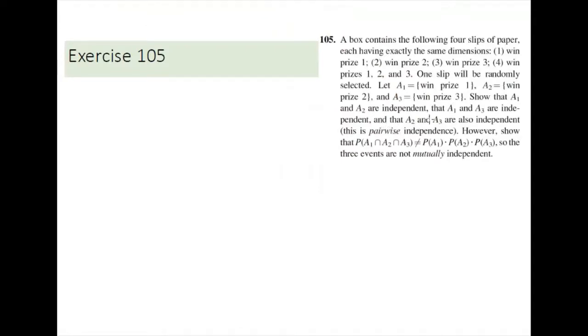It says show that A1 and A2 are independent. So we should obtain the probability of the intersection of A1 and A2.